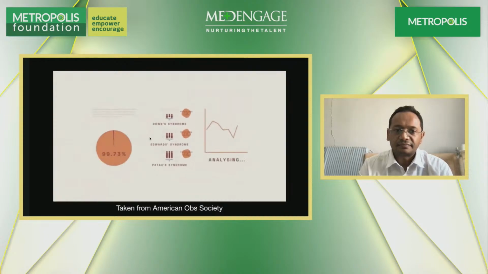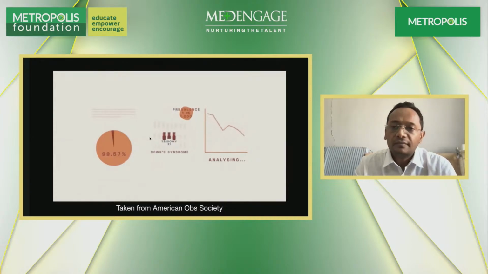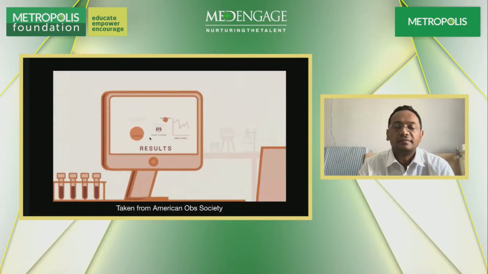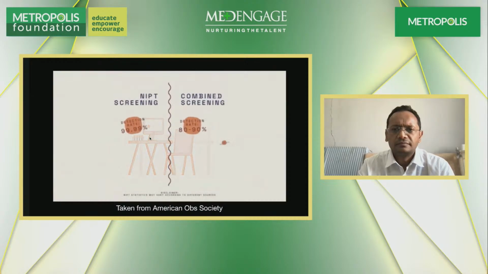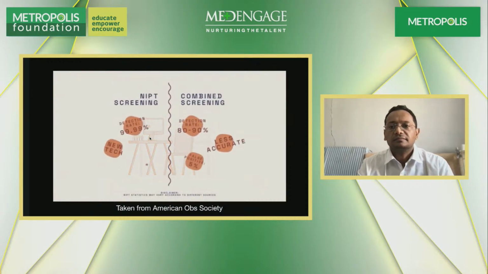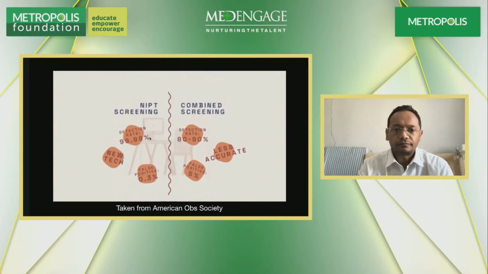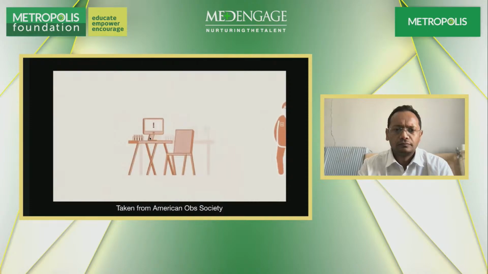NIPT's main strength is in its high negative predictive value, meaning that if the test is negative, the chances of your baby having Down syndrome are extremely low. In contrast, its 90s predecessor, combined screening, offers both a lower 80 to 90% detection rate and a 5% false positive rate. However, it's important to note that NIPT is not a diagnostic test and does not provide a definitive yes or no answer.